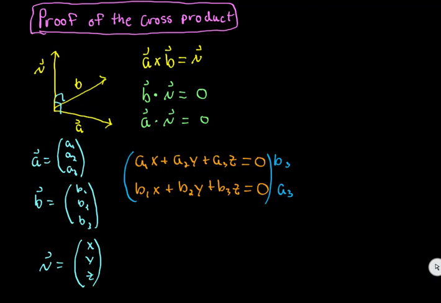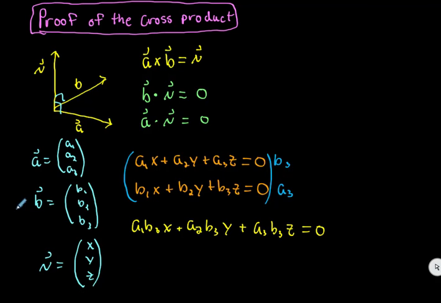I'll get A1B3 x plus A2B3 y plus A3B3 z, and this will be equal to 0.